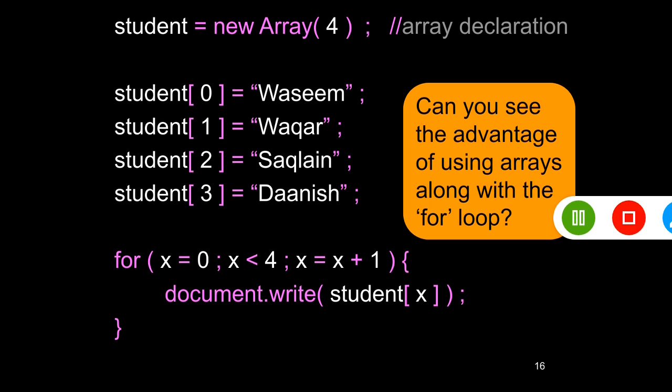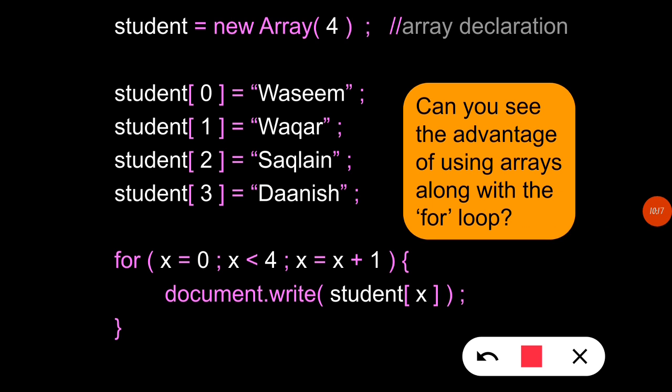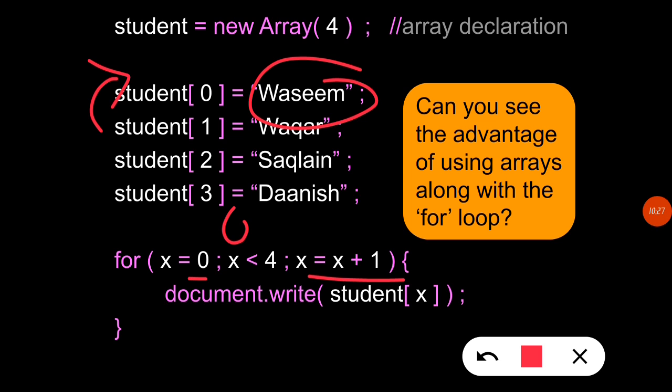Okay, see here, initially the value of x is 0, and it will access the first value, the pointer will point to the first value. x value 0 is less than 4, yes, then increment the value of x, and this is the post increment, and the control will come inside the loop and it will print the value of student of x as Wasim.